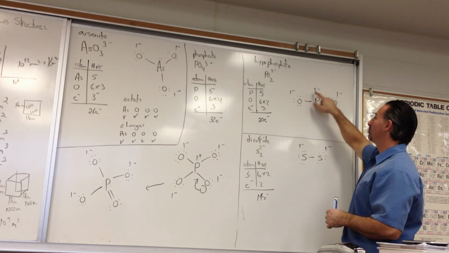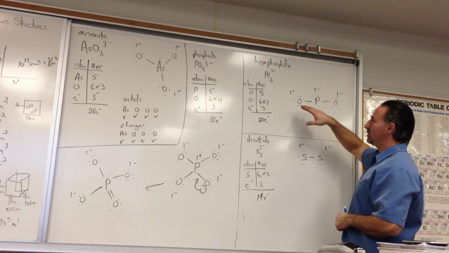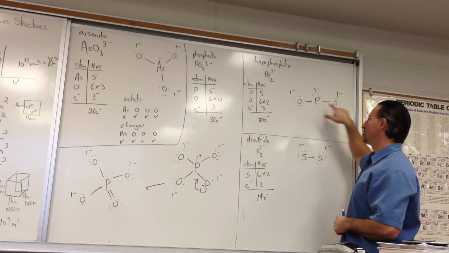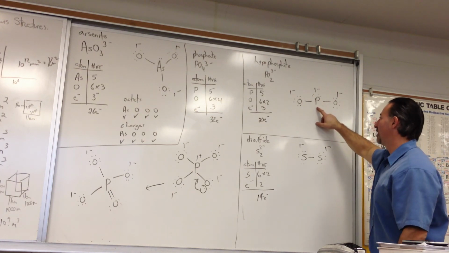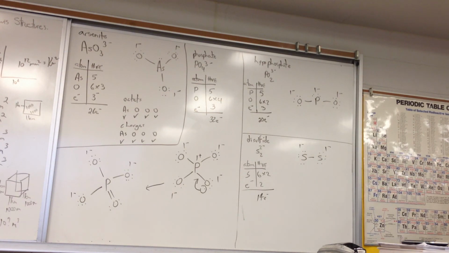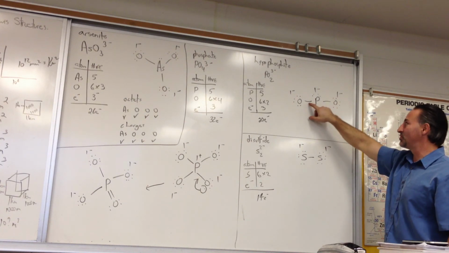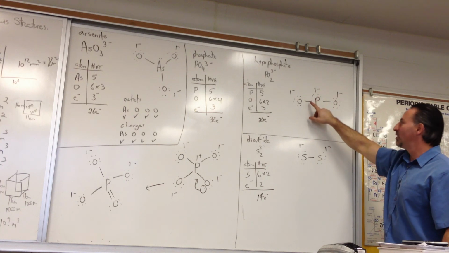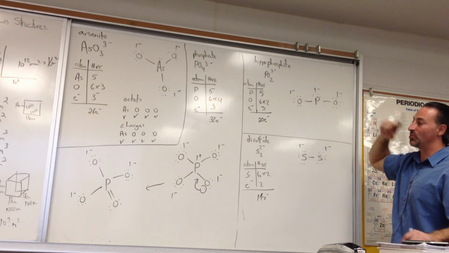So the remaining 4 are placed on the central phosphorus atom. When we count the formal charges, we'll see that each oxygen atom is going to be -1. Phosphorus, which is a group 5 element, wants to have possession of 5 electrons, but here it has 2, 4, 5, 6, so it has 1 more than it wants, which means it's going to have a formal charge of -1.